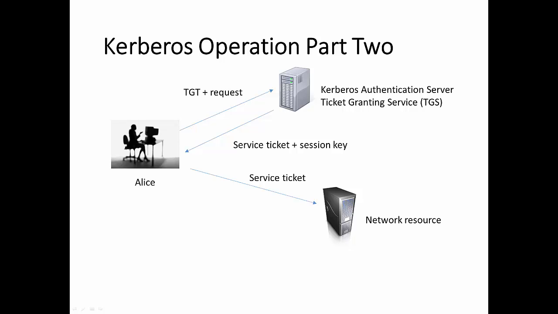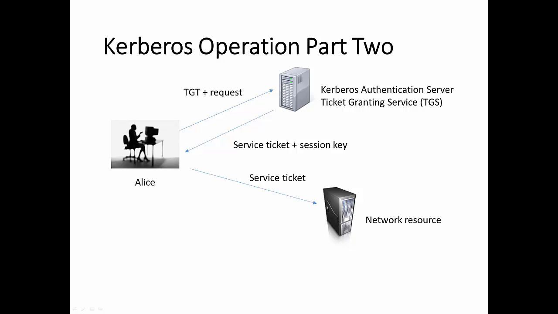The network resource can use the same encryption key to either encrypt or decrypt. So if Alice sends something, the network resource is able to decrypt that information. That's how the network resource knows whether Alice is a legitimate user or not, because the only person who should have that secret key is Alice. Nobody else should have received that secret key.